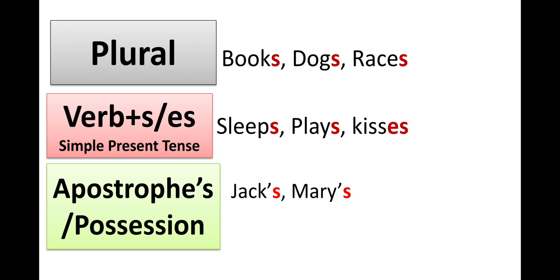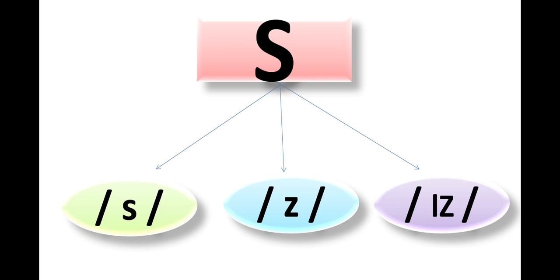It's used as apostrophe to show possession like Jack's, Marry's. Okay? So, letter S is pronounced in 3 ways in the end of the words. It has s sound, it has z sound, and it has iz sound. So it has 3 sounds in the end of words.